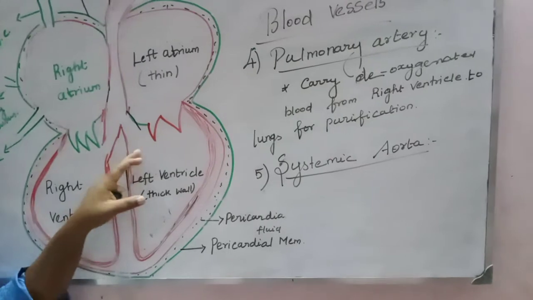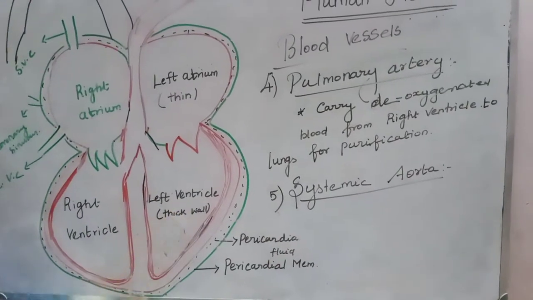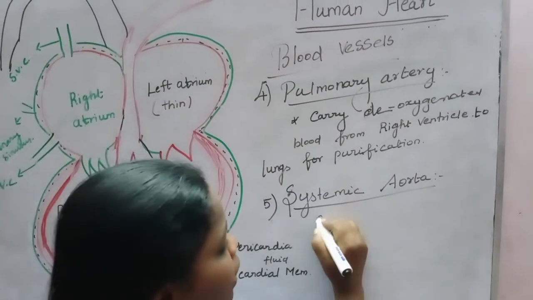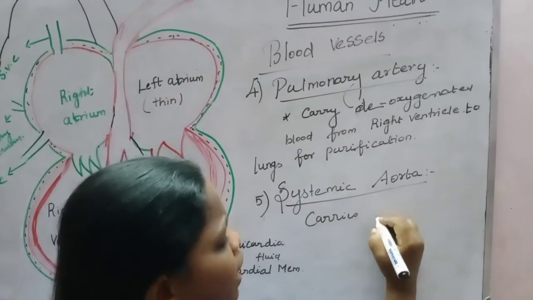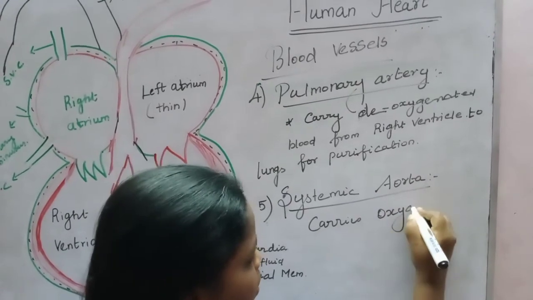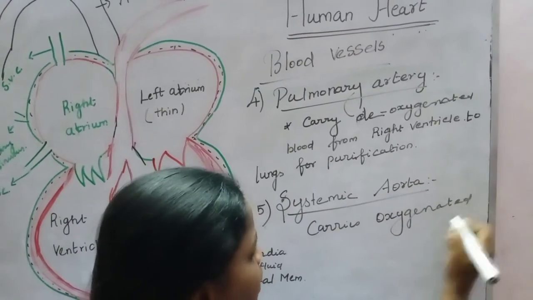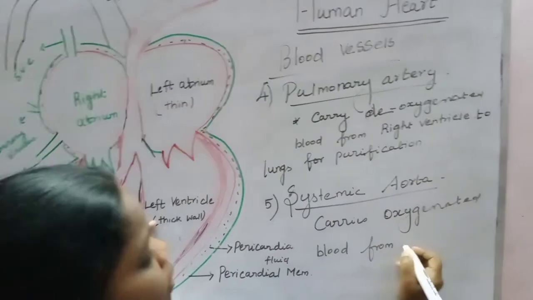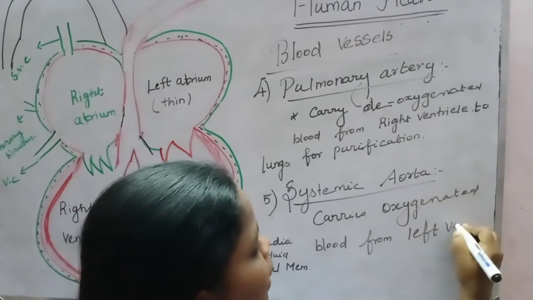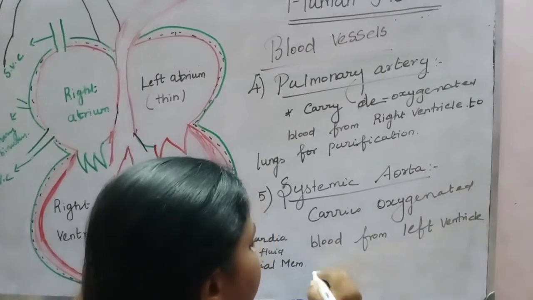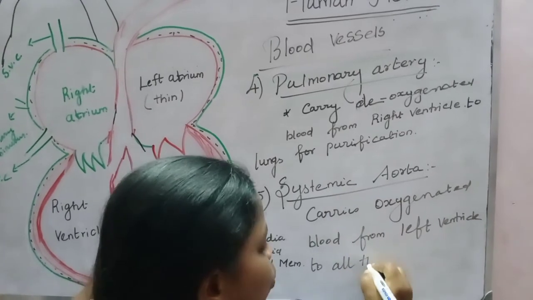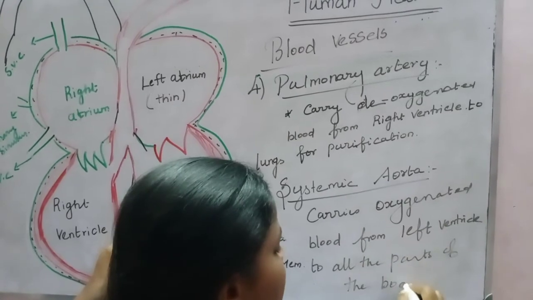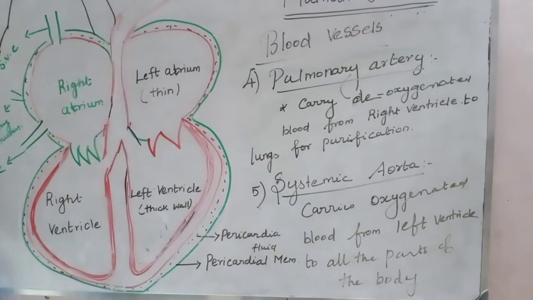It carries oxygenated blood from the left ventricle to all parts of the body. So what is the role of the systemic aorta? It carries only oxygenated blood from the left ventricle to all the parts of the body, okay?